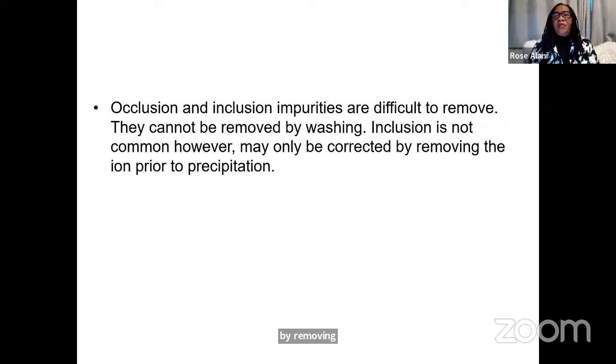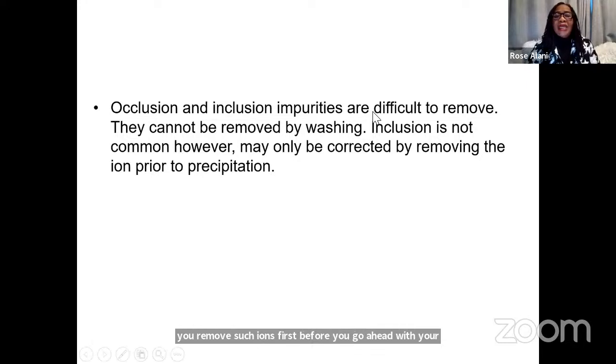Before the precipitation occurs, you remove the ions that are not your analyte but that you know are going to be in the medium of your solution. So you remove such ions first before you go ahead with your precipitation. That is how you can handle it. It cannot easily be removed by washing.